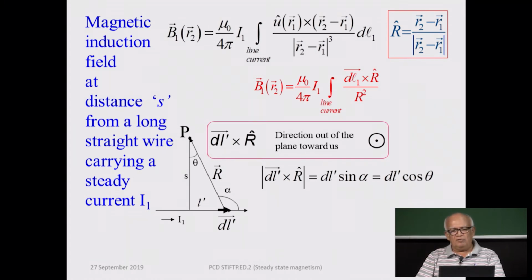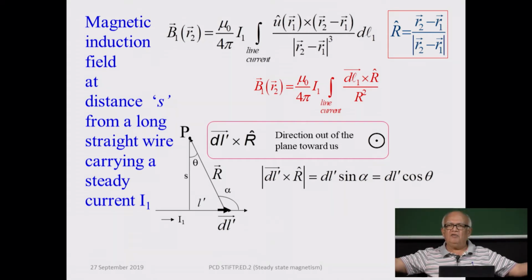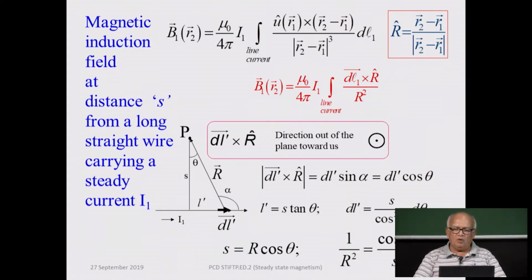Okay, because all you have to do is to integrate from left to right depending on the length of the wire, and you can take some ideal case or some imaginary case, if you like, in which the wire has got an infinite length. So, it goes all the way to the left and all the way to the right, and then integrate over the whole length.